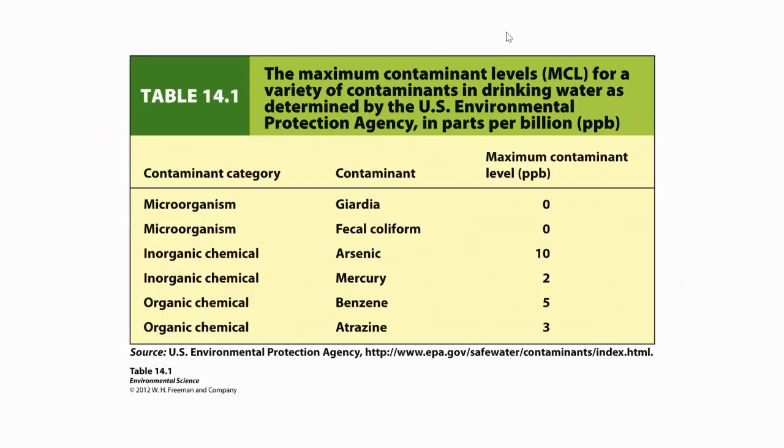And just so you can see what I mean by that, right here in this table, the MCL for a variety of contaminants in drinking water is determined by the EPA in parts per billion. So here you can see a safe level of drinking water might have some arsenic in it, some mercury, benzene, atrazine. All of these contaminants, unfortunately, are in our waterways, but they have determined that these are safe levels.